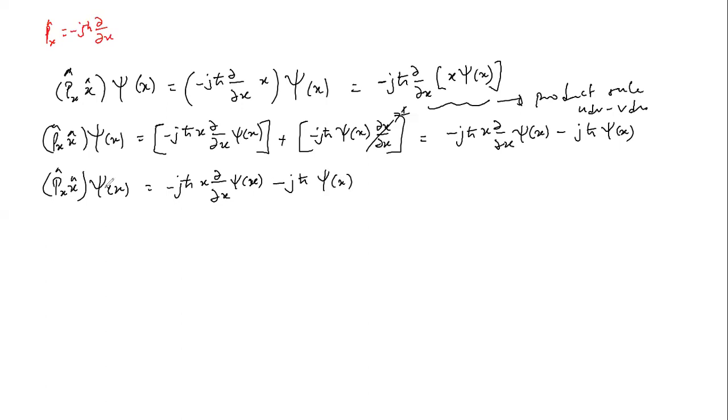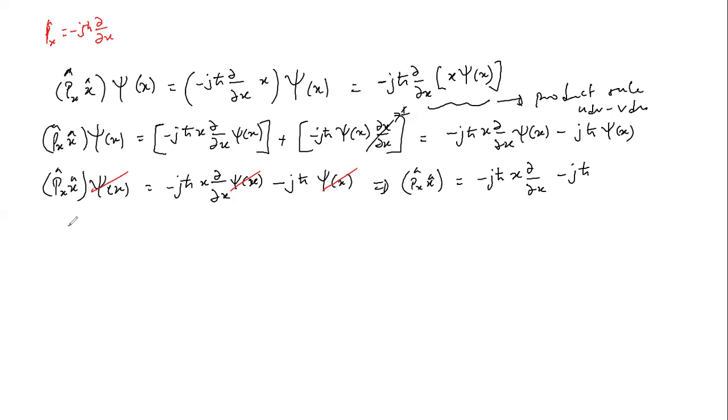And now this will truncate this and this, so that we now have this to be the same as p x hat is the same as negative j h cross x d dx minus j h cross. Okay, and now we can also represent this, let's say by rearranging.